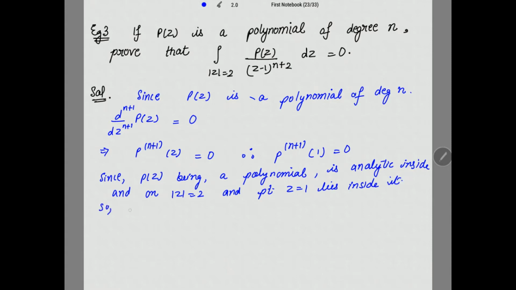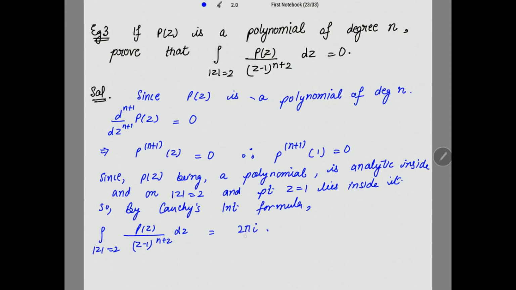So by Cauchy's integral formula, we are going to have mod z is equal to 2, this is nothing but your Pz will be Fz over z minus 1 n plus 2 dz. This is equal to 2 pi iota into over n plus 1 factorial.